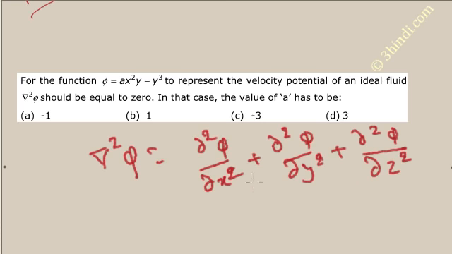Now I have explained to you earlier, del square phi is del square phi by del x square plus del square phi by del y square plus del square phi by del z square.